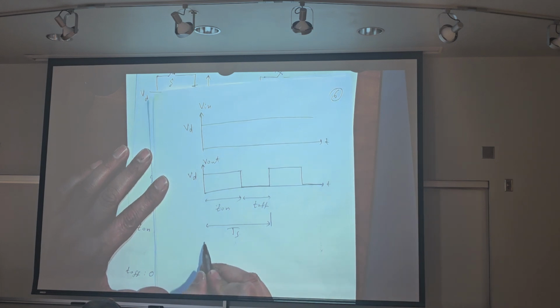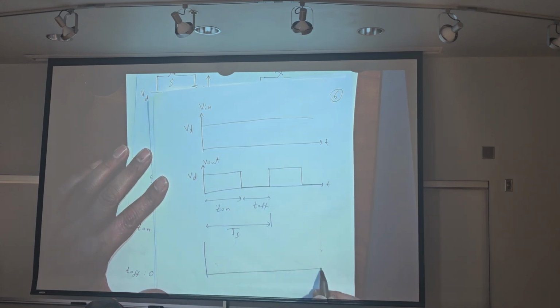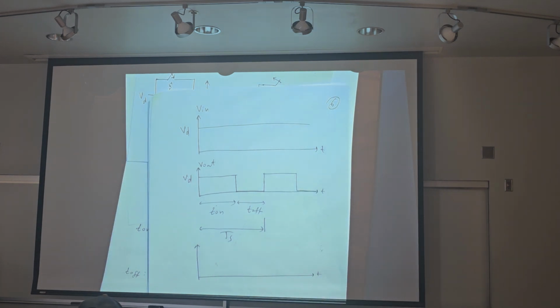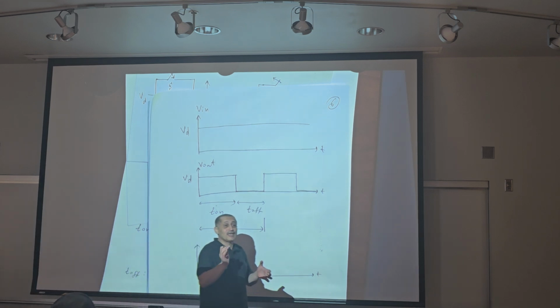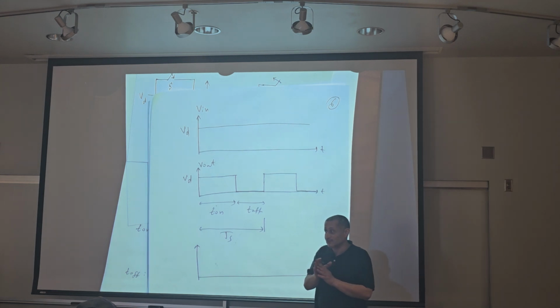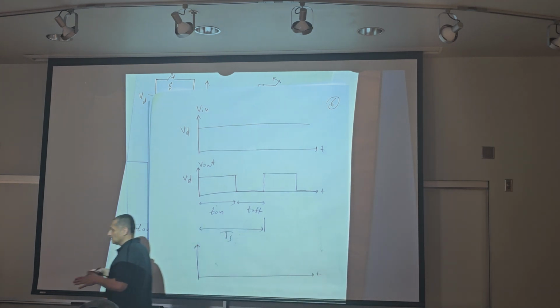Now, for a resistive load, the current and voltage are in phase, the same shape but different amplitude.